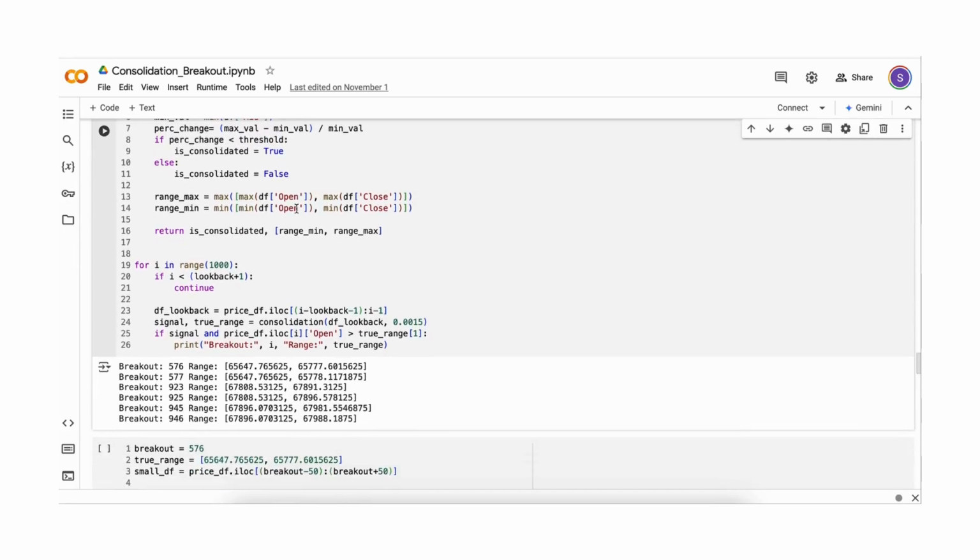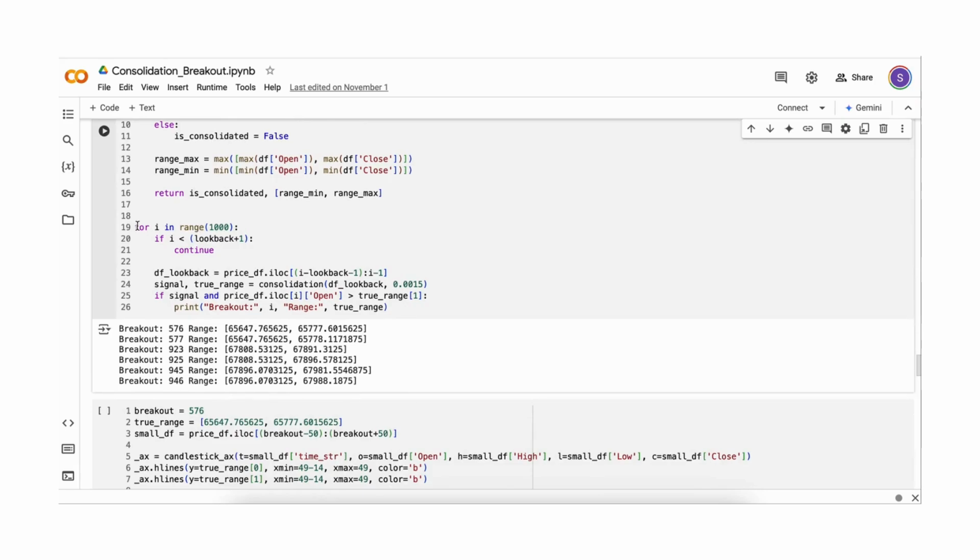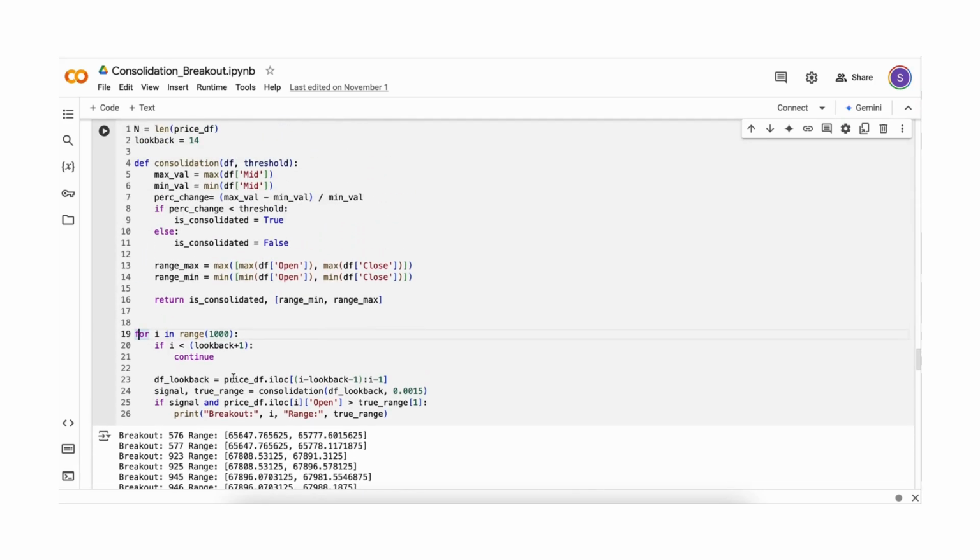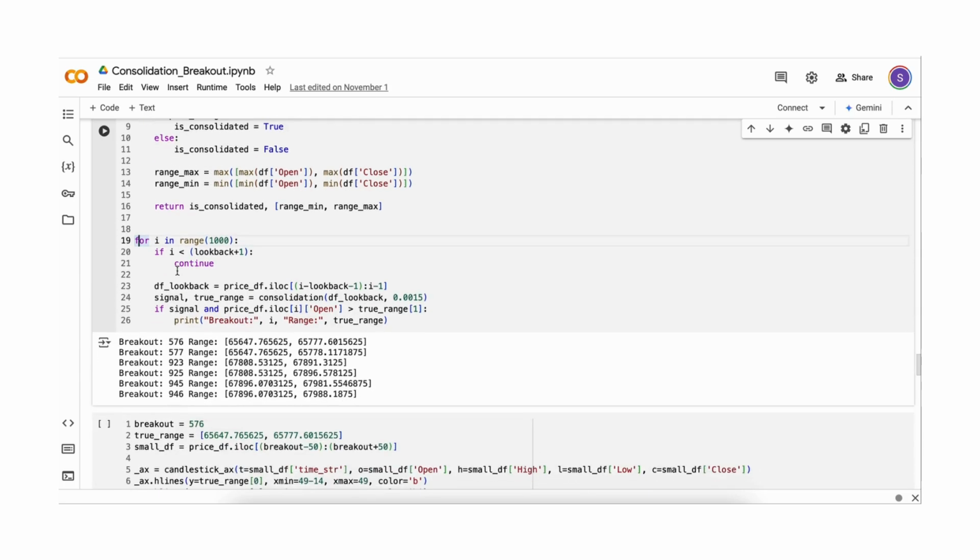When we call this function, we are going to pass a data frame which is between 14 days from now and 1 day from now. So this contains 14 candles. That's the idea.